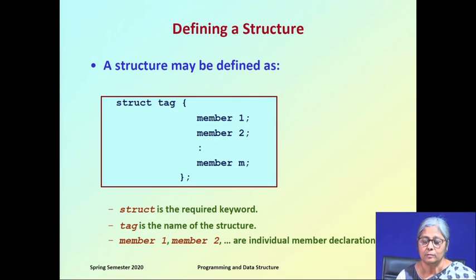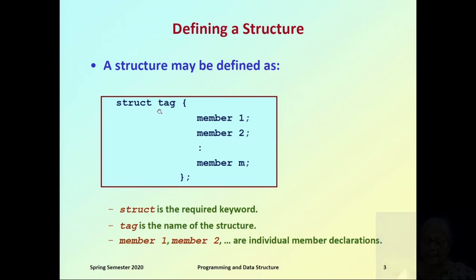So, these are examples of a structure with a tag. Name is the tag and normally we define it as struct tag, and member 1 to member m are the variables, and the variables are of type int, char or float.